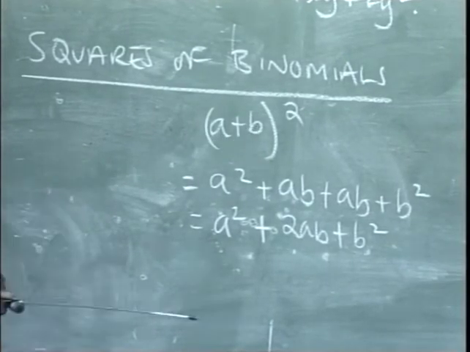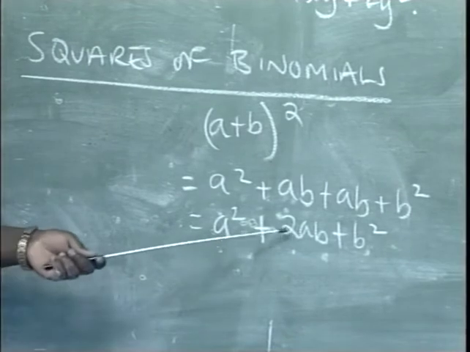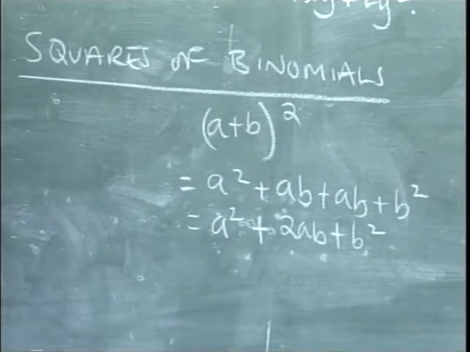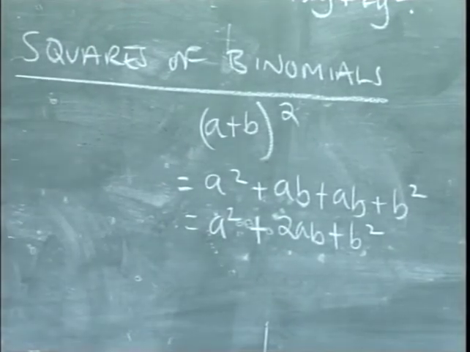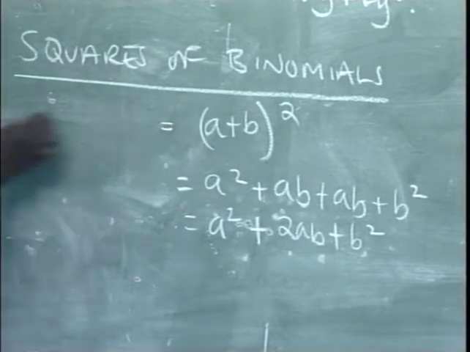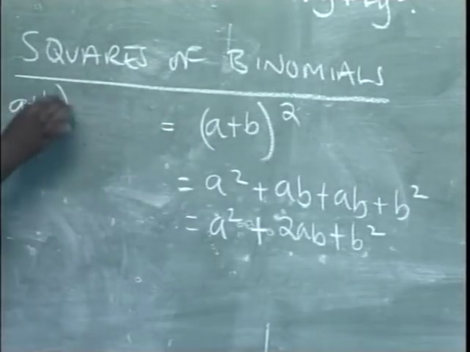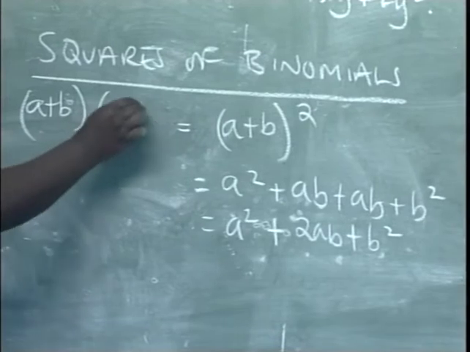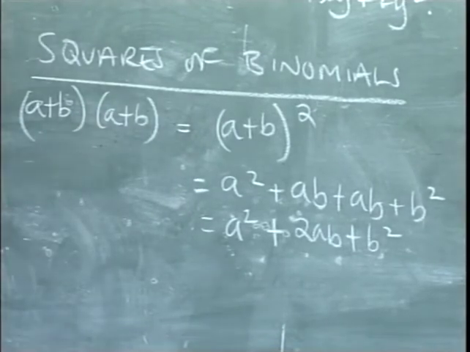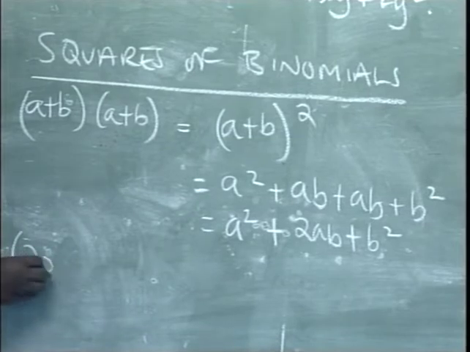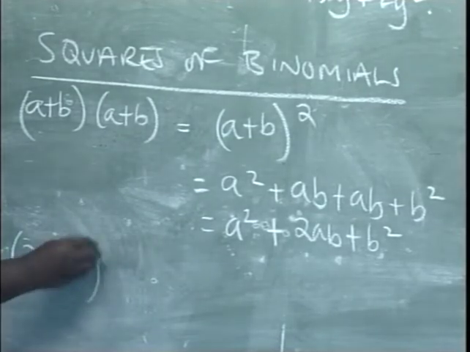So I will get a squared plus 2ab plus b squared. Okay, in grade 11, like I said, try and use your brains a little bit more instead of writing every little step. Okay, for instance, 2x plus 1 squared.